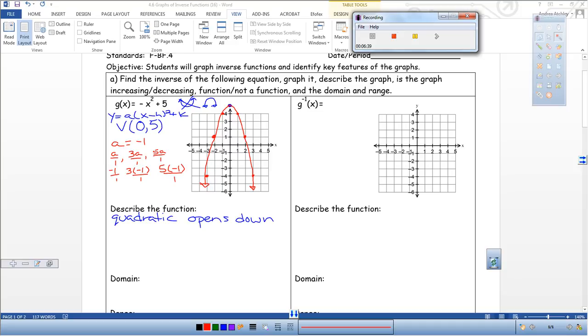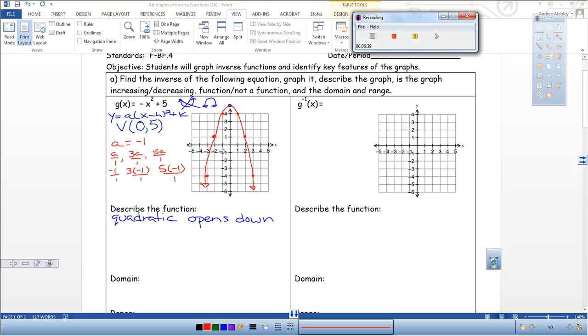Any questions on that? Okay, let's now talk about, is this a function or not a function, class? Who thinks it's a function? Okay. Who thinks it's not a function?